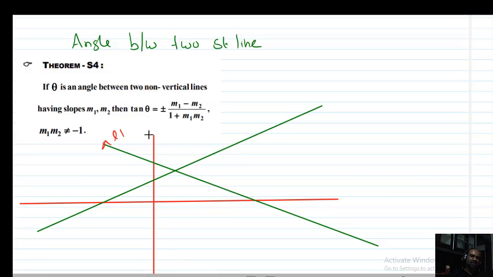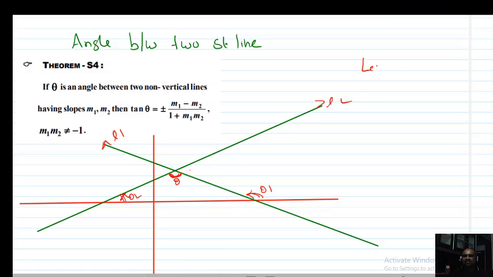Okay, so this line is L1, and this line is L2. This inclination theta 2 is in the positive direction. This angle is taken as theta 1. So the angle between them is taken as theta. Either this is theta or this is; both are angles. One angle is acute and the other angle is obtuse.